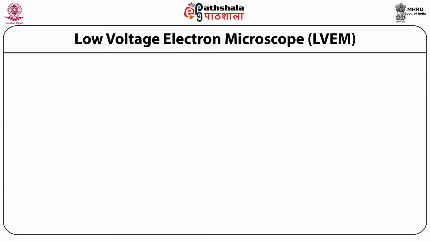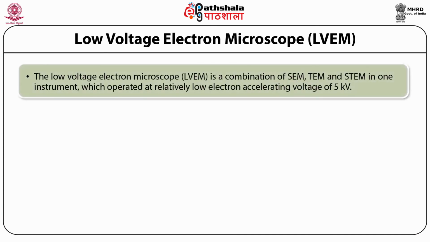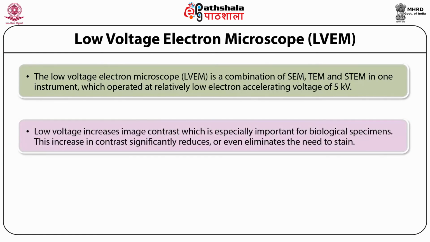Low Voltage Electron Microscope or LVEM. The Low Voltage Electron Microscope is a combination of SEM, TEM, and STM in one instrument, which is operated at a relatively low electron accelerating voltage of 5 kilovolts. Low voltage increases image contrast, which is especially important for biological specimens.